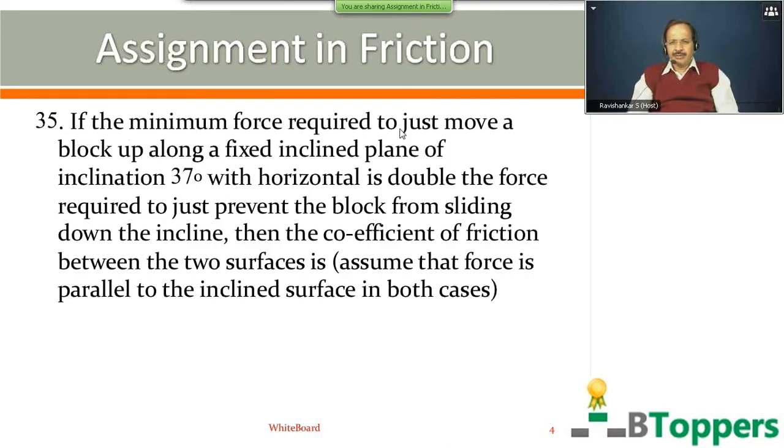If the minimum force required to just move a block up along a fixed inclined plane of inclination 37 degrees with horizontal is double the force required to just prevent the block from sliding down the incline, the coefficient of friction between the two surfaces is, assume that the force is parallel to the inclined surface in both the cases. Come on, try to answer this question.